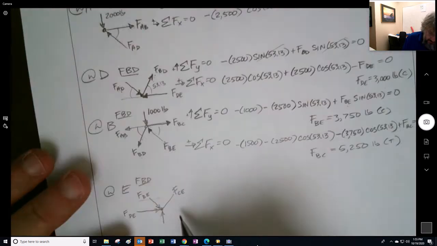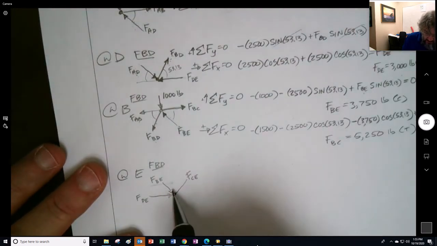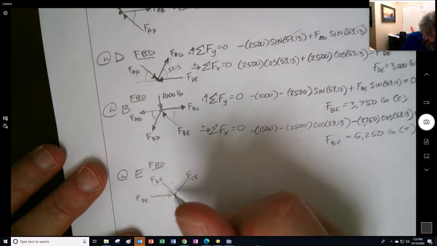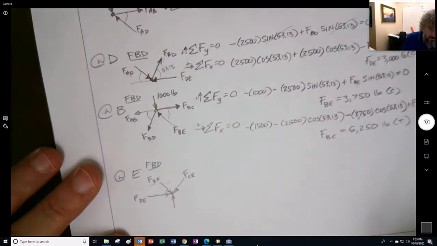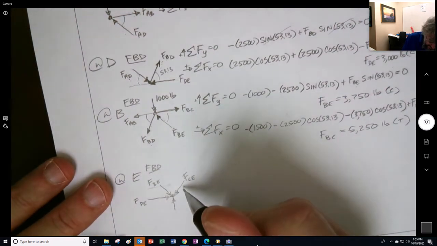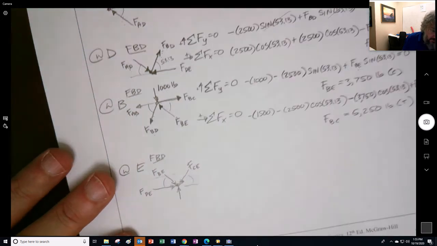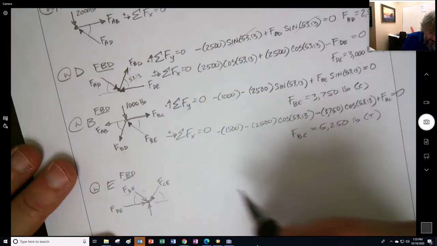So it would make sense here, taking a look at this horizontal component, this guy must also be in compression. That's R. And I think by looking at these angles right here, that is our angle, and that's our angle, again, of 53.3.